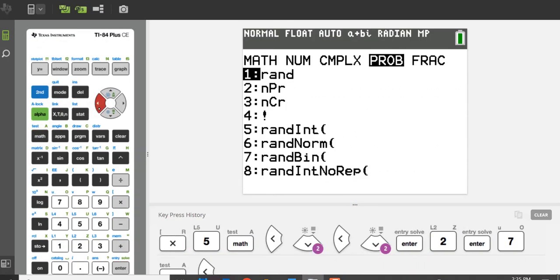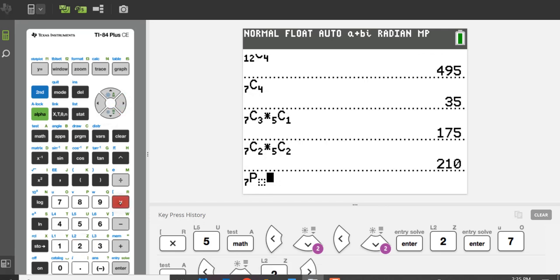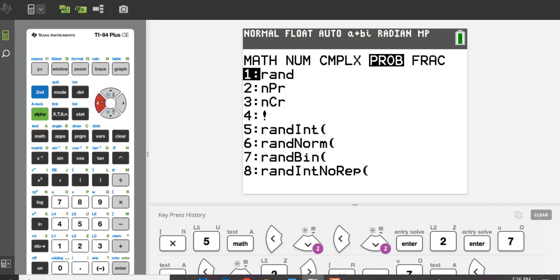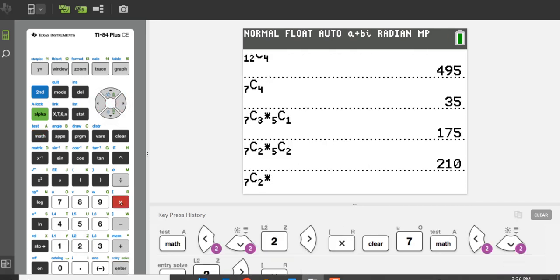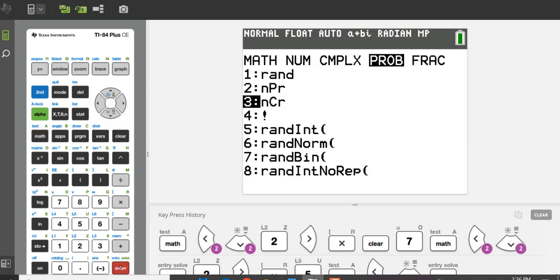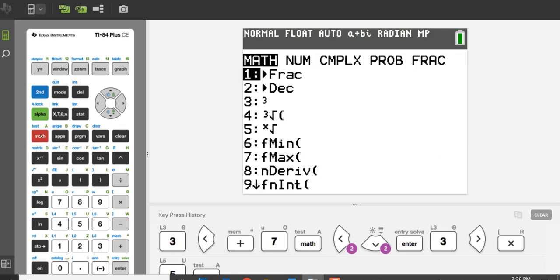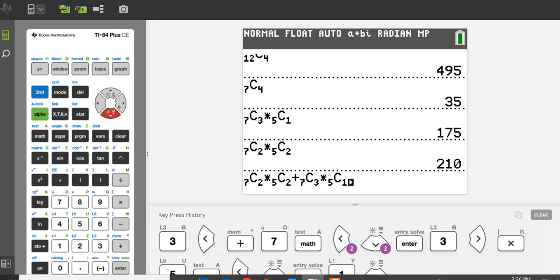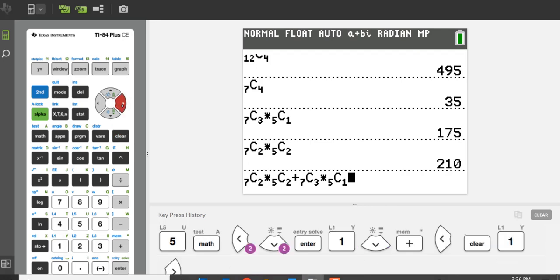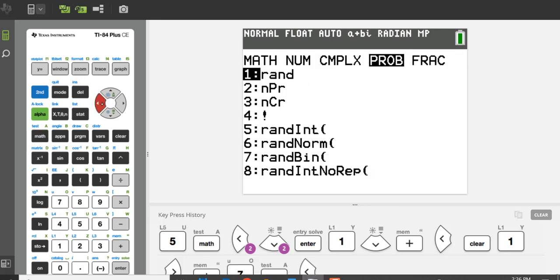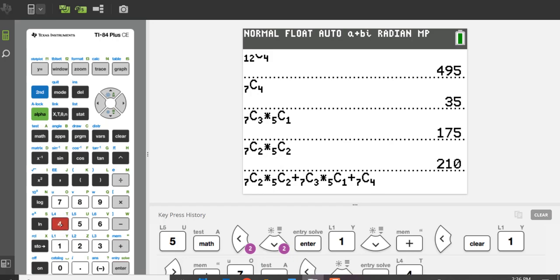7, pick 2 times 5, pick 2, plus 7, pick 3 times 5, pick 1, and then one more, plus 7, pick all 4. 420.